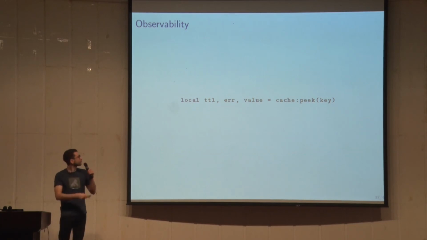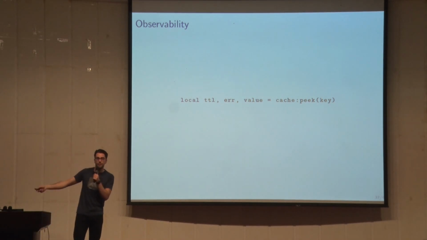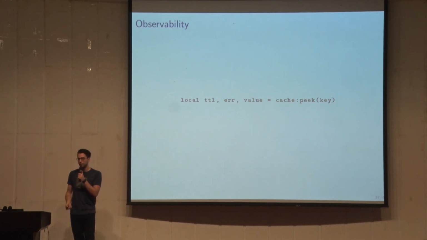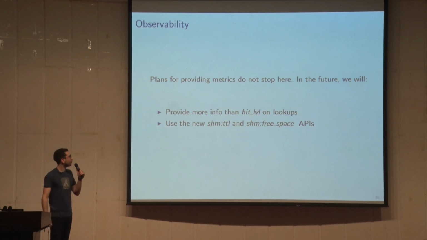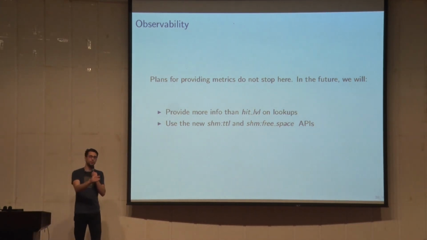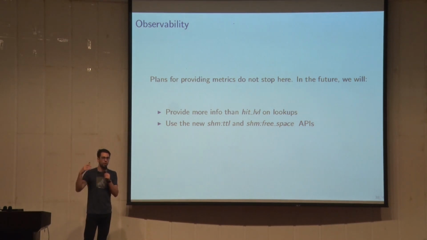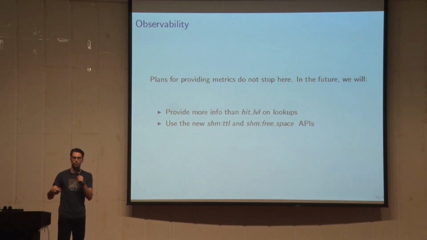Okay, another way is a peek function that allows you to read some value from the cache and gets the amount of time that it has already been cached for. It's a very neat way of hitting the cache but not messing with the LRU underneath. And we have more plans for supporting more metrics. So there will be a flags API, a flags value returned from the get function, and you can run a bit mask against that flag to get more information about what happened.